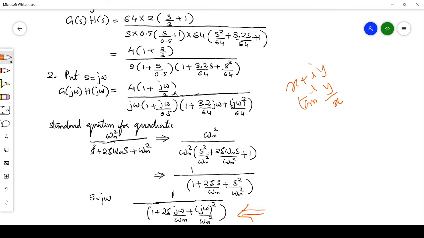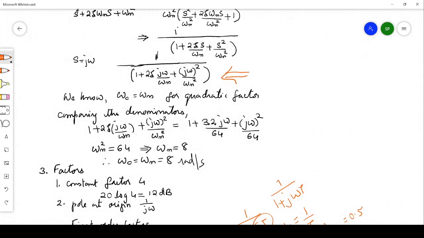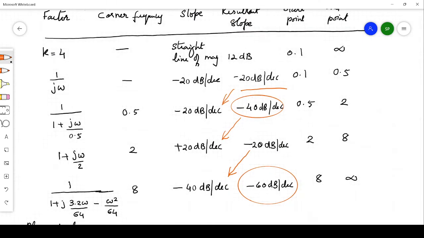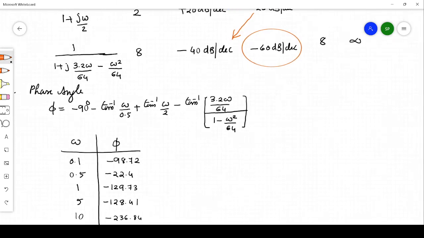This way you find the phase angle by substituting in the formula. So the phase angle is minus 90 degrees minus tan inverse omega by 5 plus tan inverse omega by 2 minus tan inverse of 3.2 omega by 64 divided by 1 minus omega square by 64. This is our phase angle equation.